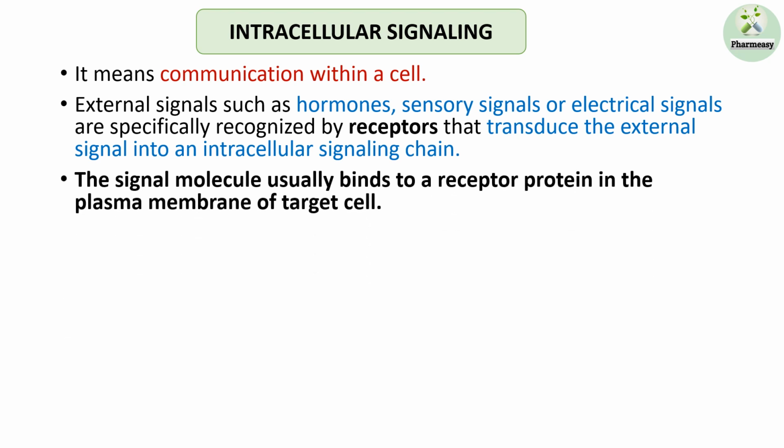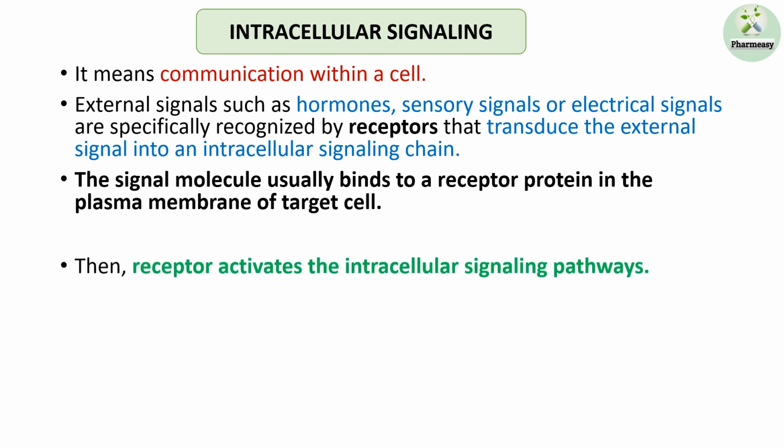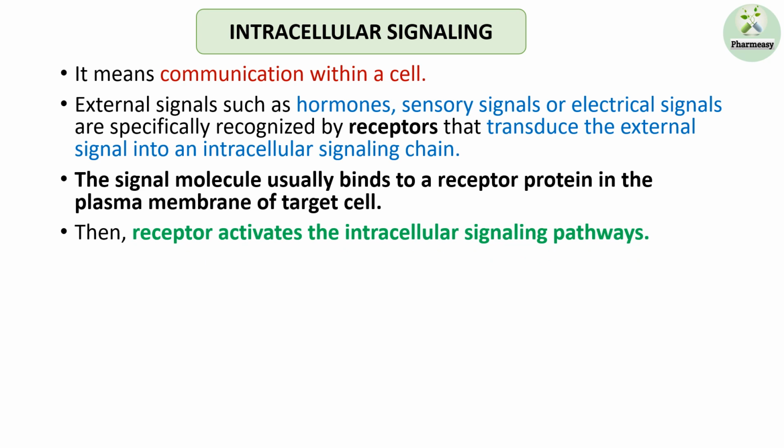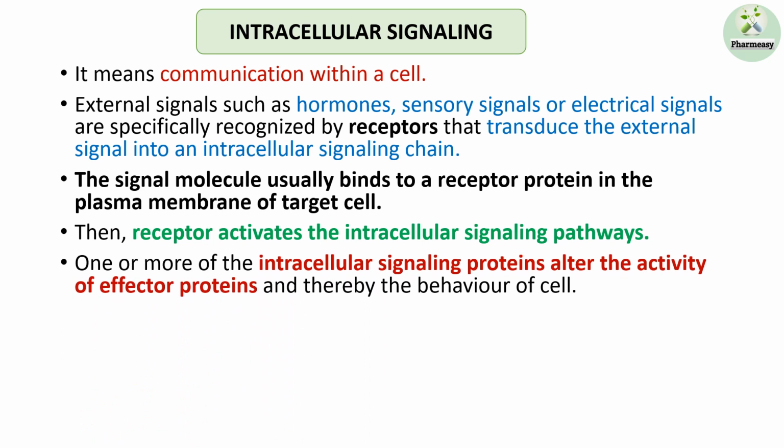The signal molecule usually binds to a receptor protein in the plasma membrane of the target cell. Then, the receptor activates the intracellular signaling pathways. One or more of the intracellular signaling proteins alter the activity of effector proteins and thereby the behavior of the cell.